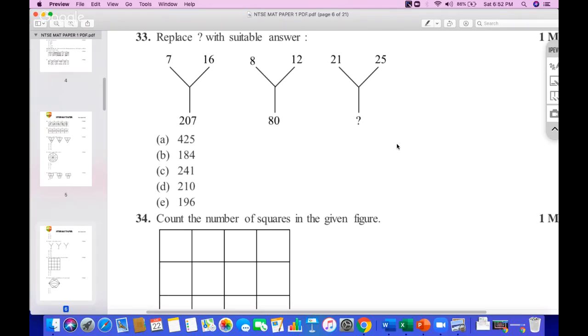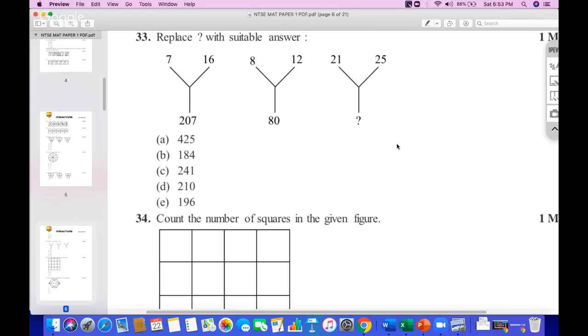Okay, so what answer you have been giving me is, question number 33 is B, and question number 34 you are saying 30 squares. So 33 is B and 34 is 30 squares. So question number 33 is absolutely right.